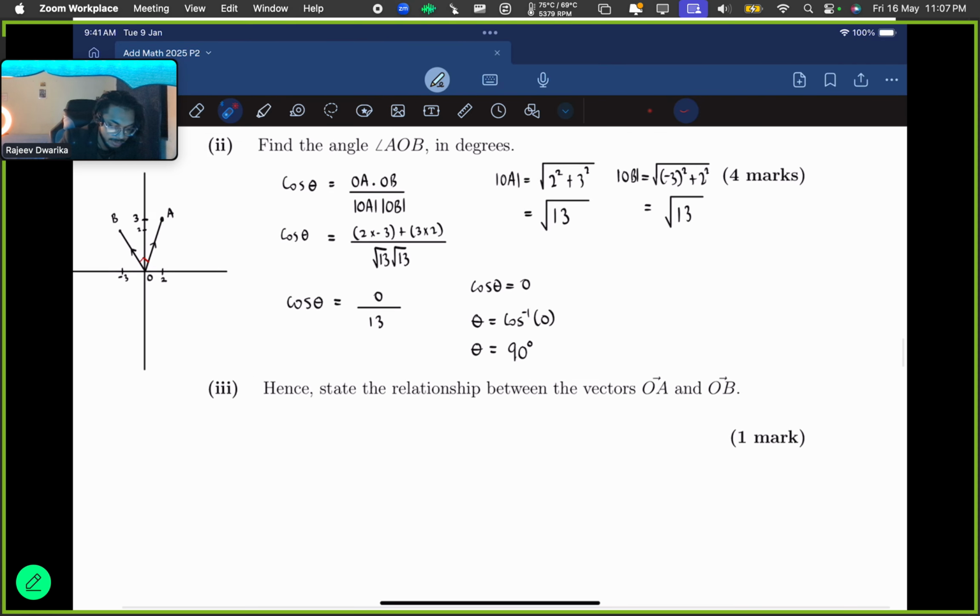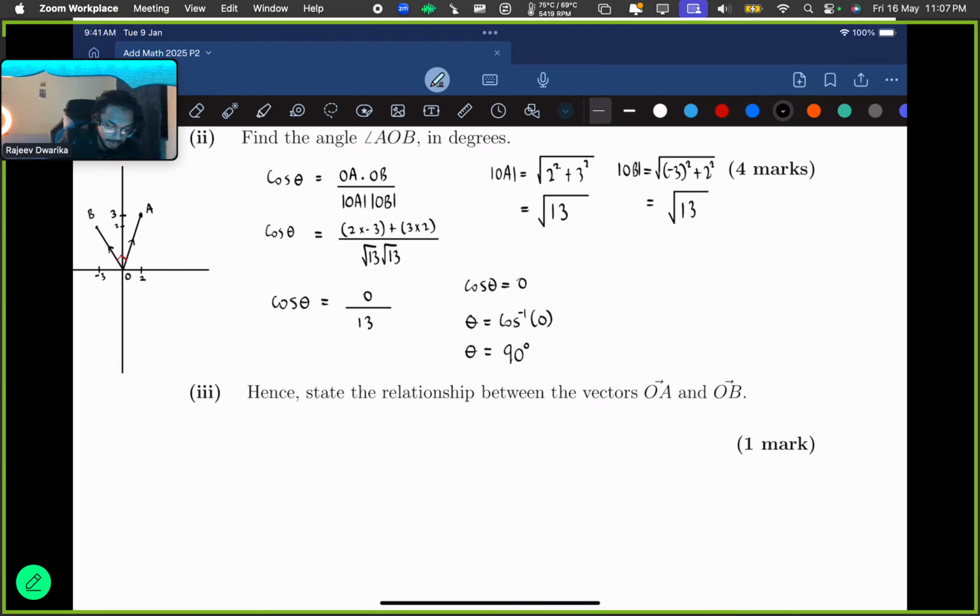So in part 3, they say hence state the relationship between the vectors, right? So since OA dot OB is equal to 0, the vectors are perpendicular. Right?